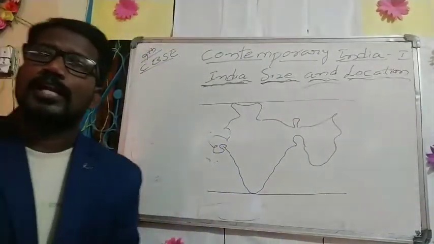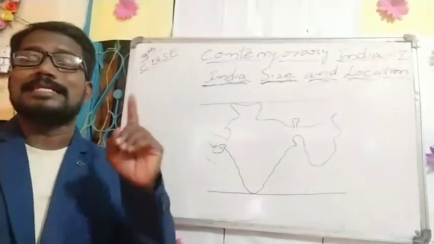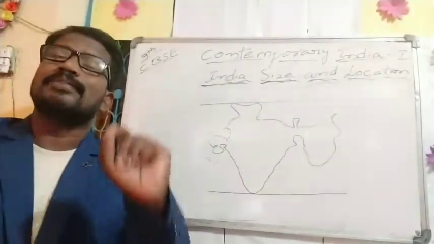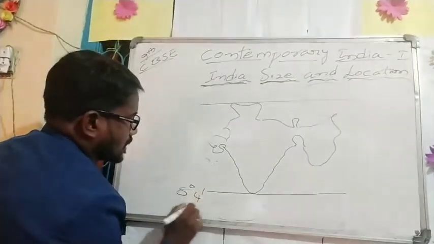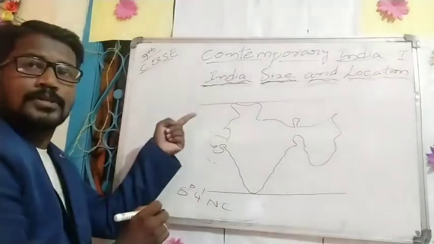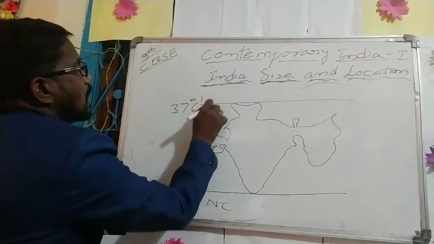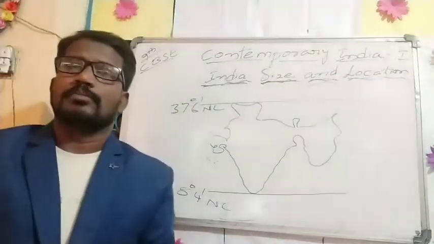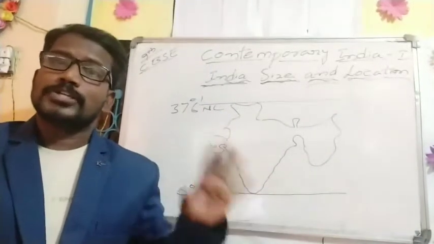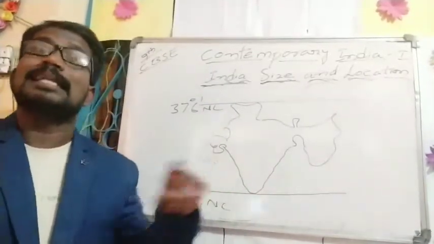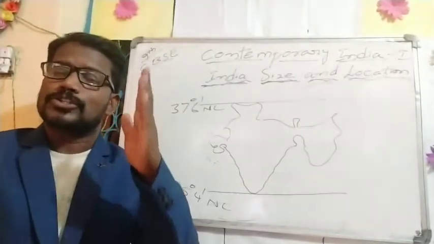This is the status of the latitudes: 8 degree 4 minutes north latitude to 37 degree 6 minutes north latitude, completely north latitudes only, because India lies in the northern hemisphere. Do you understand? This is the location by latitudes.